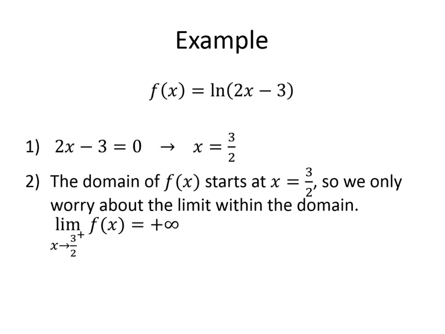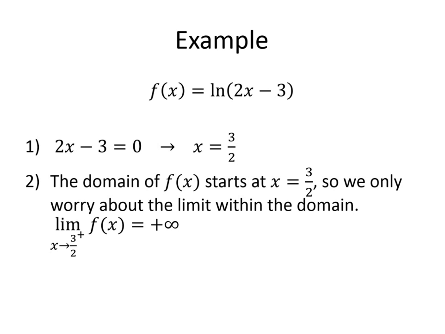If you look at this particular function and ask what is happening to the function as this gets closer and closer to 0, well, the logarithm of something really close to 0 is approaching positive infinity.